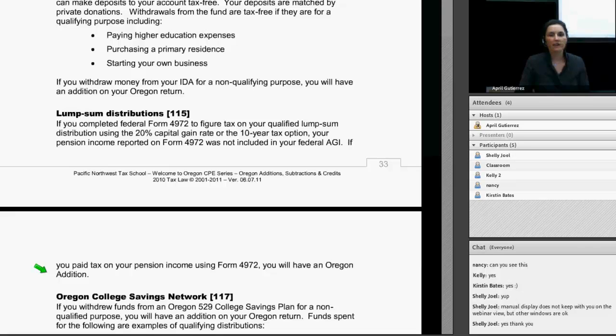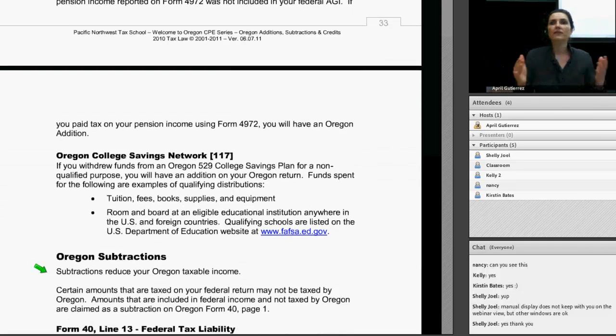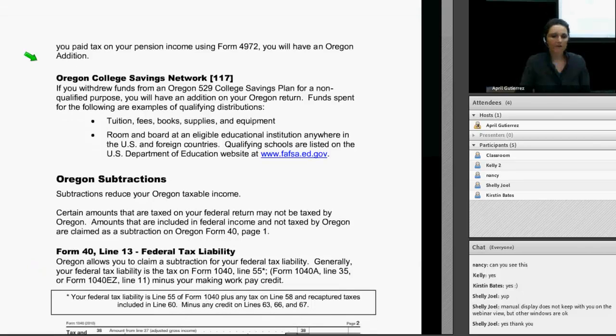Okay, now this particular addition item works exactly the same way as the addition for income of a dependent included on the federal return, that you have a separate form for that dependent that you use to calculate tax on a separate line that carries to page 2 of the federal 1040. Well, lump sum distributions work exactly the same way. The lump sum distribution is not included in federal adjusted gross income. The income is reported on a separate form. The tax is calculated separately and carried directly to page 2 of the 1040. And because the form works that way, that is why you have an Oregon addition.